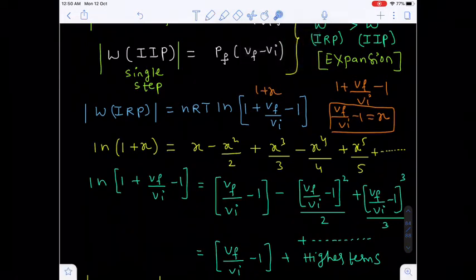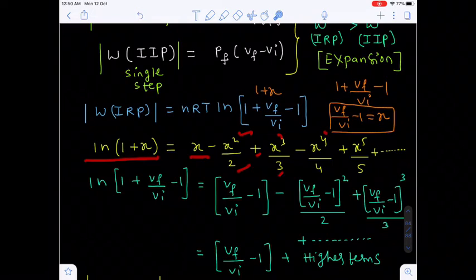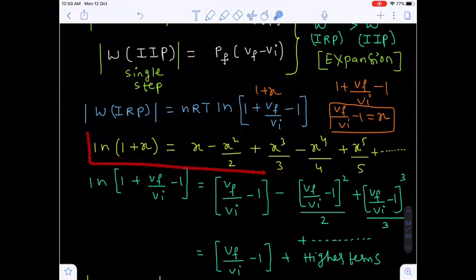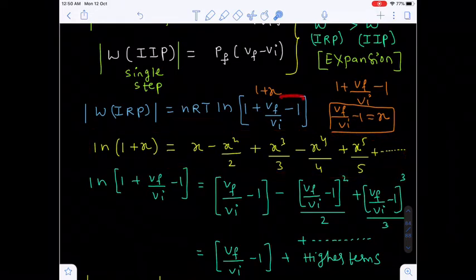Now there is a mathematical expression: ln of 1 plus X is equal to X minus X square by 2 plus X cube by 3 minus X to the power of 4 by 4 plus X to the power of 5 by 5 minus X to the power of 6 by 6 and so on. This is a mathematical expression we have to remember. Now what is the X value here? V final by V initial minus 1.